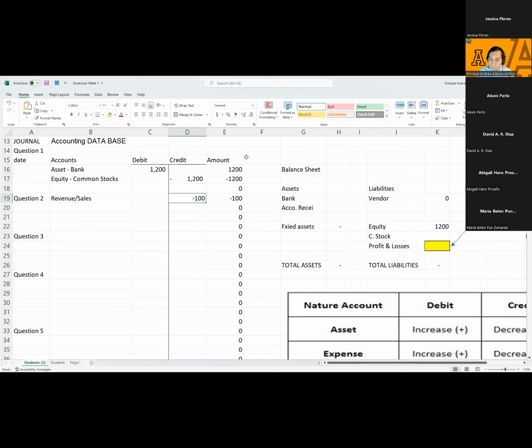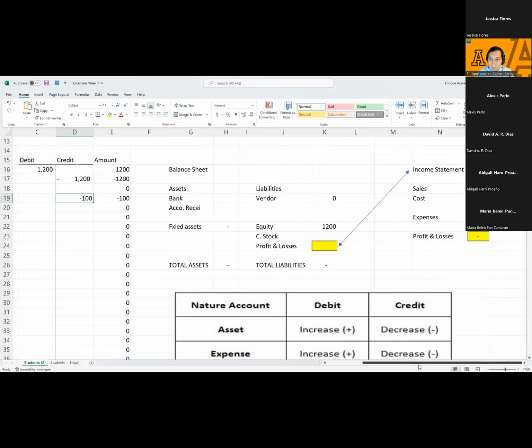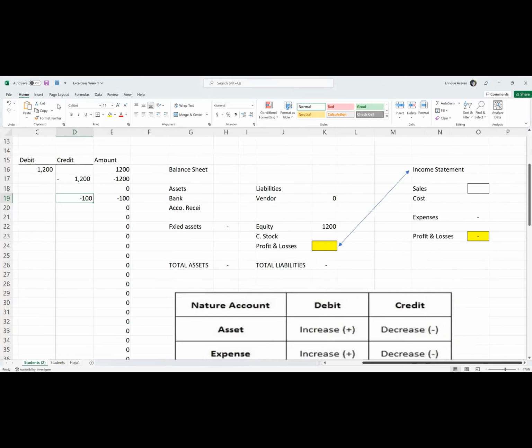Remember, that's why I put here a very basic balance sheet and the income statement. Remember that the profits and losses, which are provided in the income statement, are part of the equity section in a balance sheet. It's just a detailed view of how this is generated.